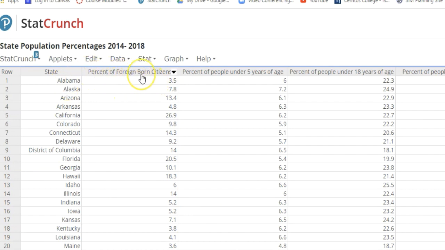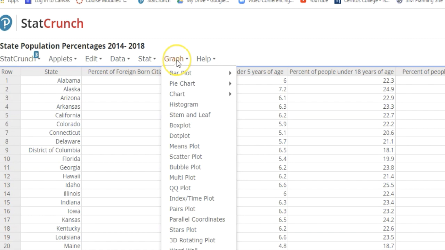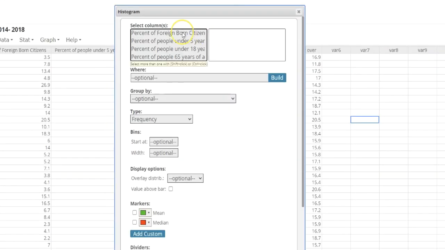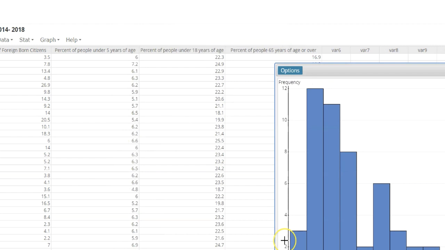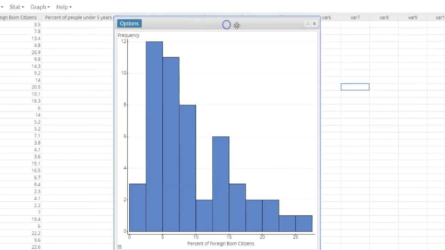Let's start with the percent of foreign-born citizens. I go to Graph, Histogram, click the variable I want, percent of foreign-born citizens, and click Compute here at the bottom. And voila, I've got my histogram. And immediately screaming at me is a skewed right distribution.